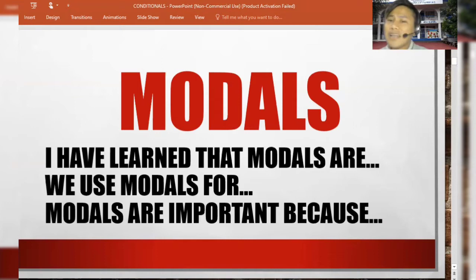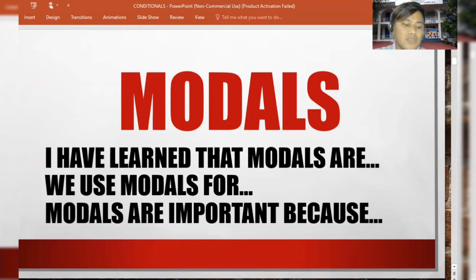But before that, let me give you my thought about modals. So when we say modals, it is a helping verb. Yes, it is an auxiliary verb that expresses your opinion or probability, suggestion, or your wish on something or to someone else. So that is what a modal is. But what have you learned about modals?